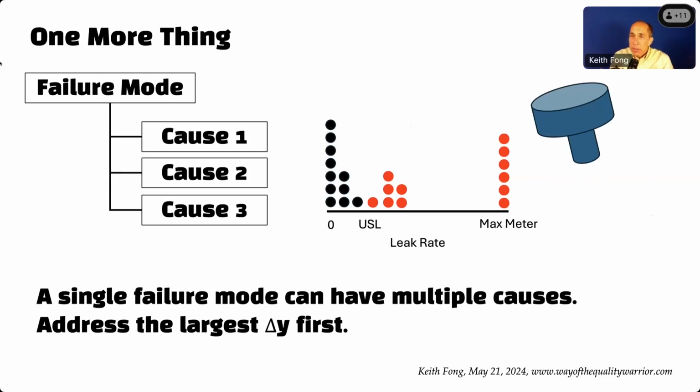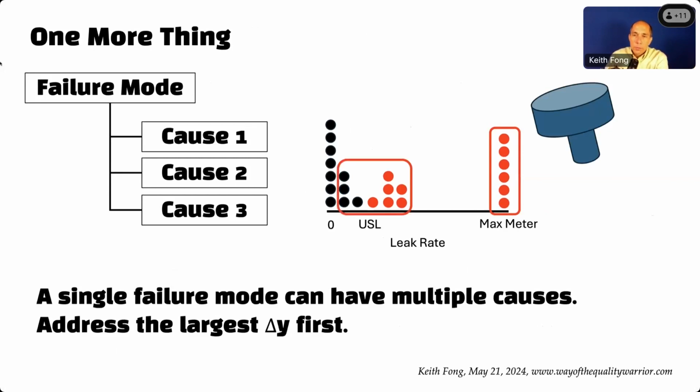Again, the same failure mode, leak, but there were multiple causes, and so you have to be mindful that you can solve it, right? You knock down most of it, but there's still some residual, and that residual could be a different cause for the same Y. It's like, oh yeah, we knocked out our X6, going back to our original example, but we still have an X3 that isn't dealt with.